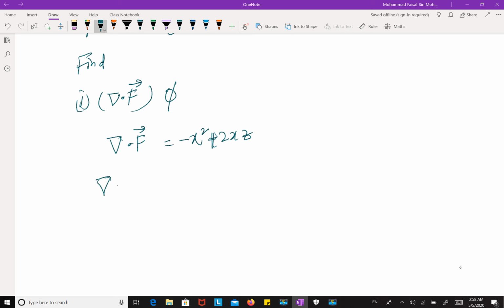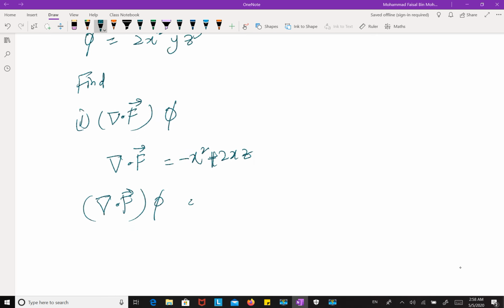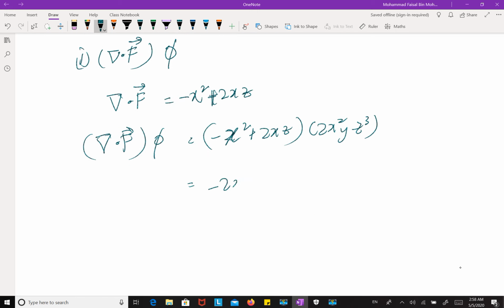And then del dot F times phi will be negative 2 times negative x squared plus 2xz times 2x squared yz cubed. It is given, it is just expansion of algebraic equations, plus 4x cubed yz to the power 4. Okay, done.